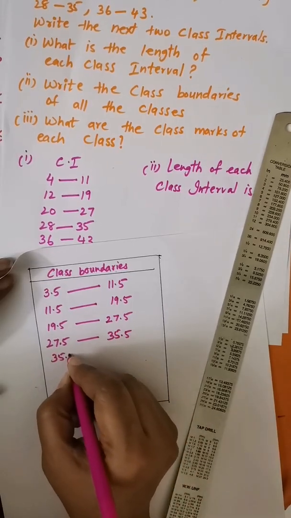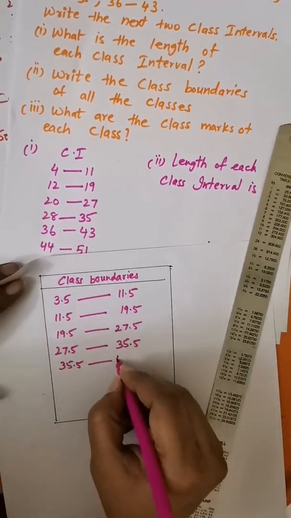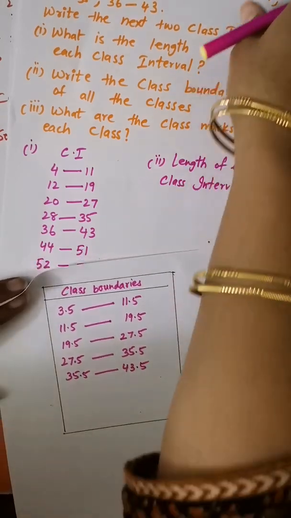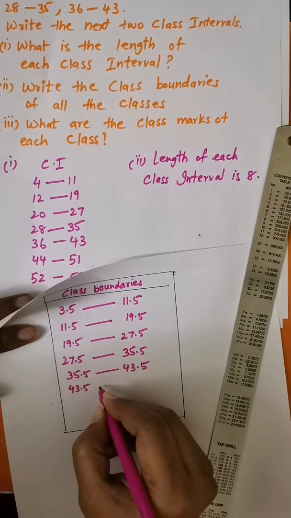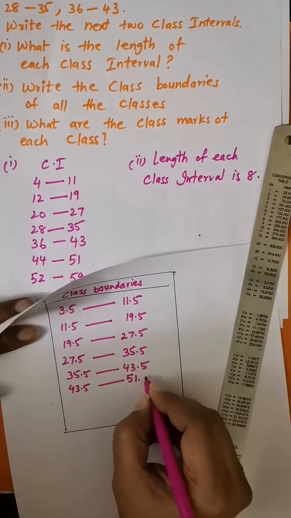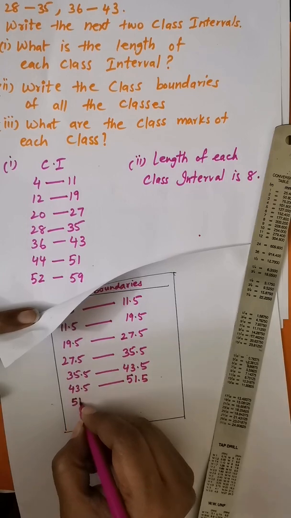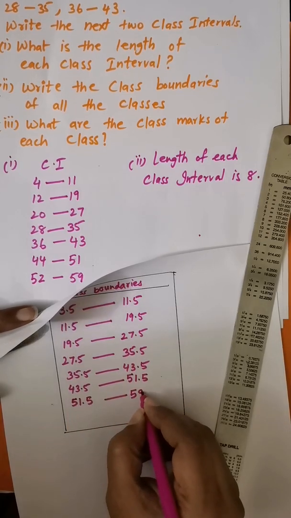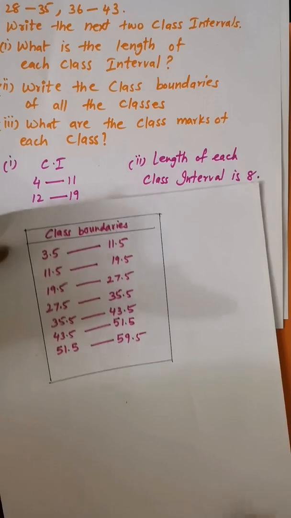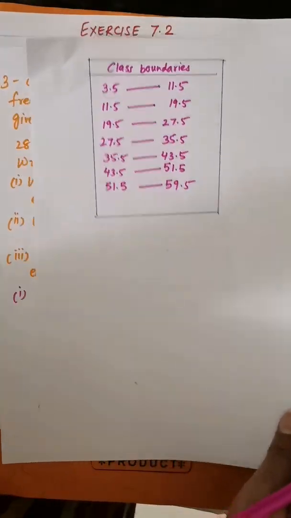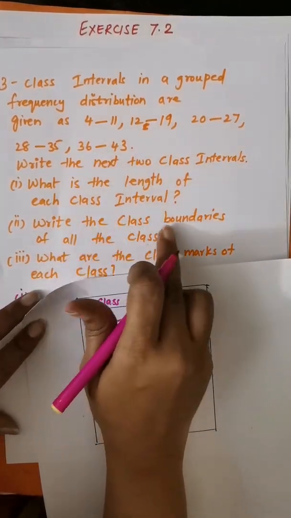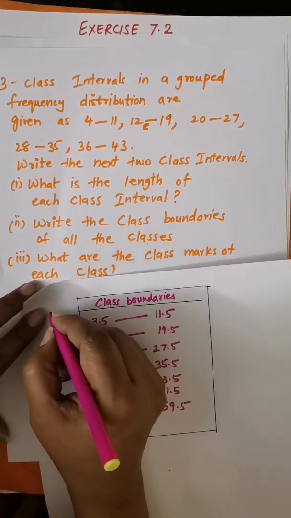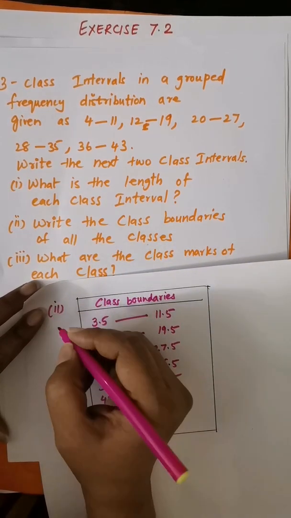Subtract 35.5, add 43.5. Subtract 43.5, add 51.5. Subtract 51.5, add 59.5. Now these are called the class boundaries. This is how we write the class boundaries of all the classes.